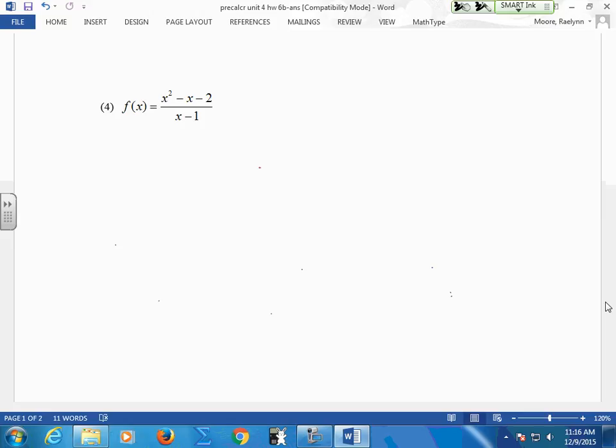So you see something strange walking through this guy too. So let's see what's happening here. All right, so can I factor this numerator? To what? Not x plus 1, x minus 1. x minus 2, x plus 1.